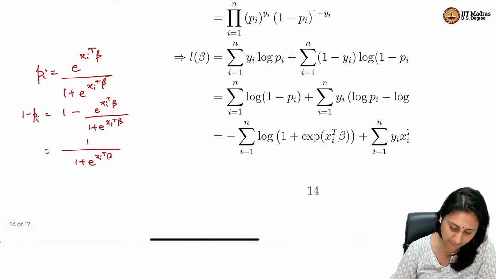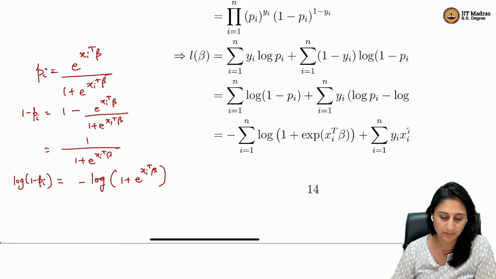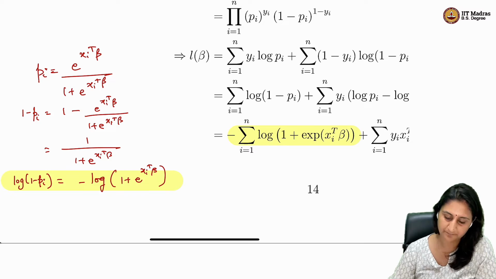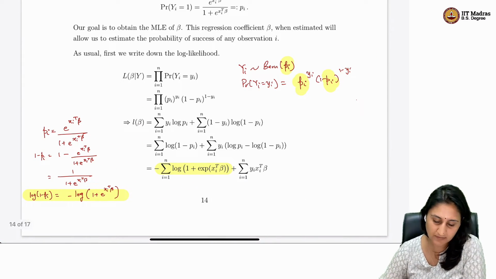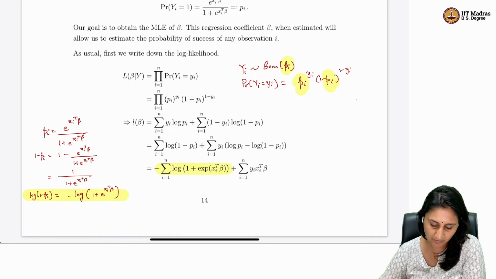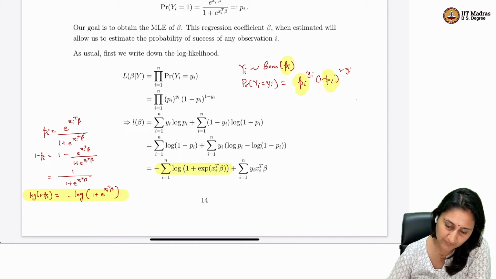Which then implies that if I take the log of 1 minus pi, this is just going to be equal to minus log of 1 plus e to the power xi transpose beta. And that is exactly what I'm using over here. So I take this expression log of 1 minus pi, and I replace it with this expression here. Great, hopefully that makes sense.